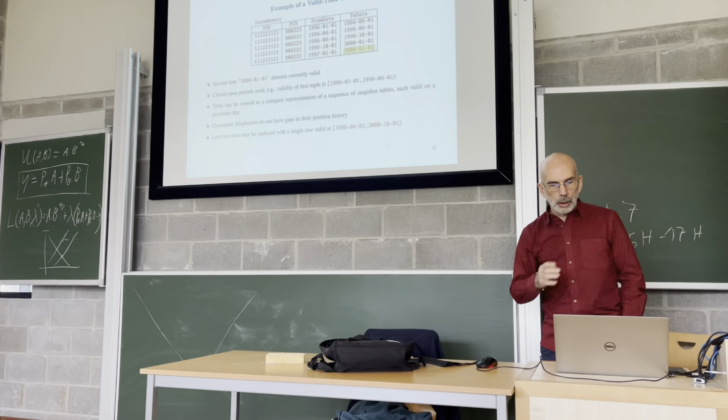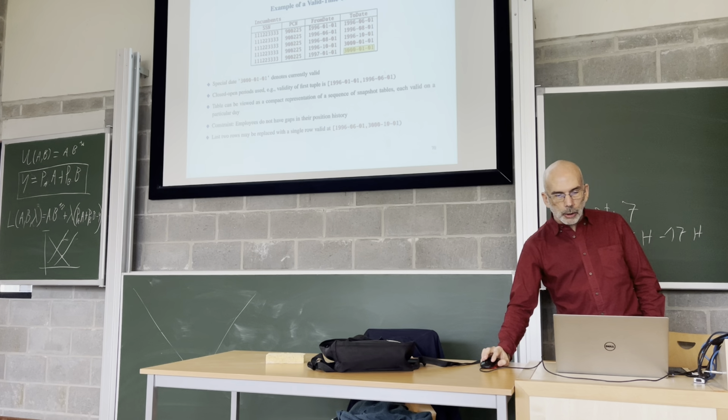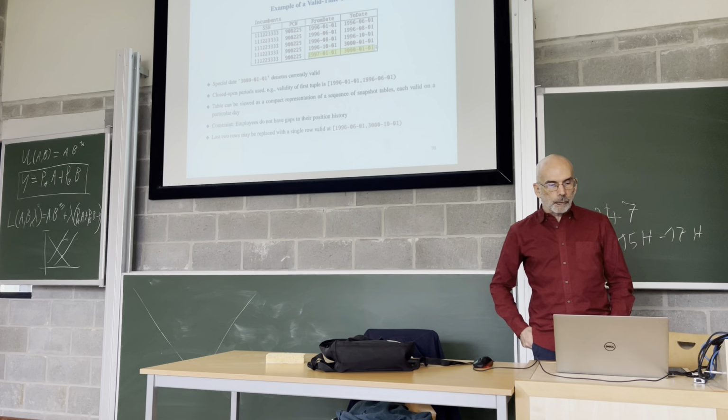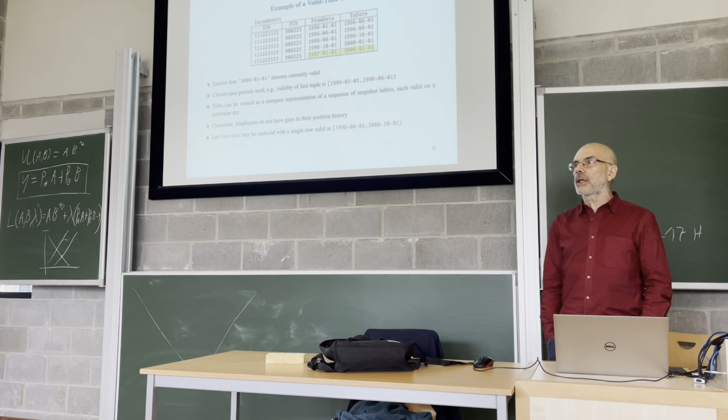So look at this also. If we compare this to this, it is the same. If we compare this to this, it is the same. If we compare this to this, it is the same. And finally, this period is included in that one. So basically, we are using a lot of space for saying not much information.